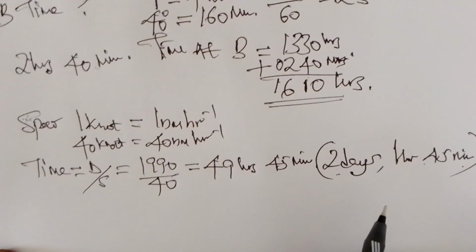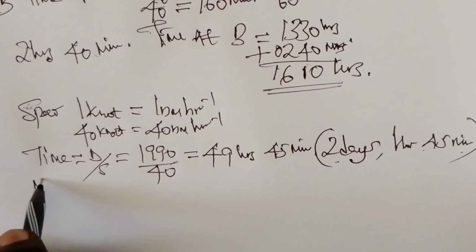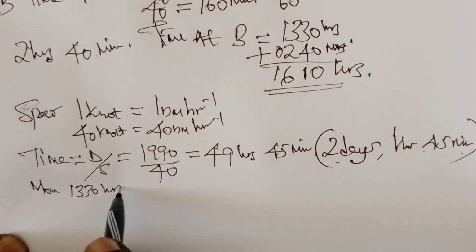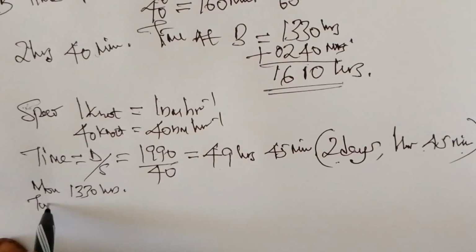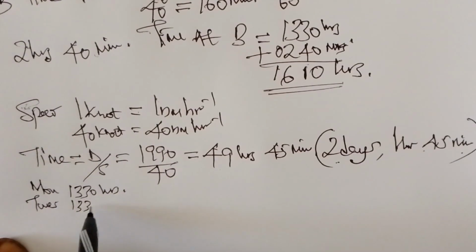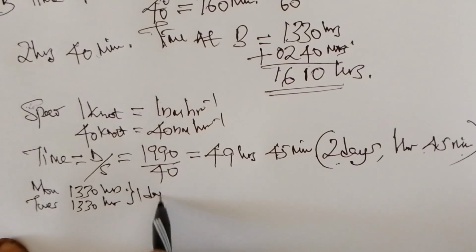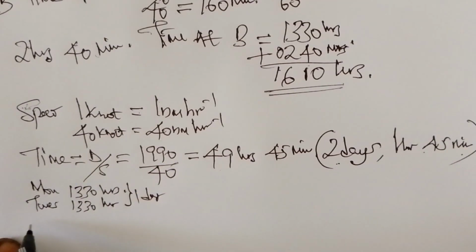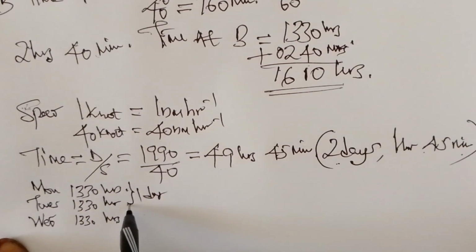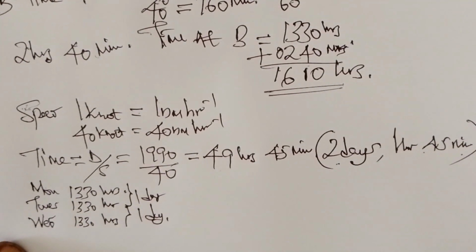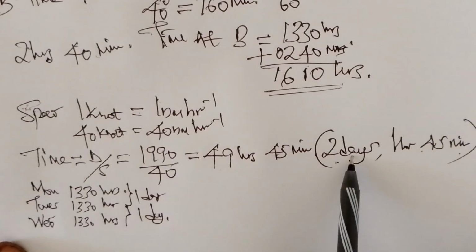From Monday 13:30 hours to Tuesday 13:30 hours is a duration of 1 day. Again, from Tuesday 13:30 hours to Wednesday 13:30 hours is another day. So we have already cleared 2 days.